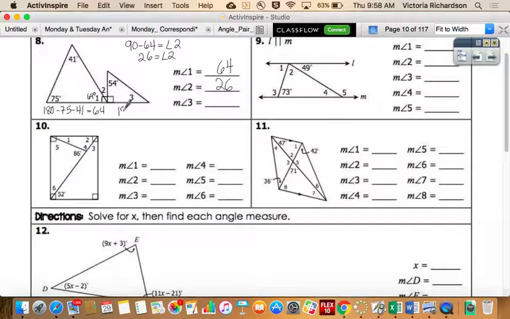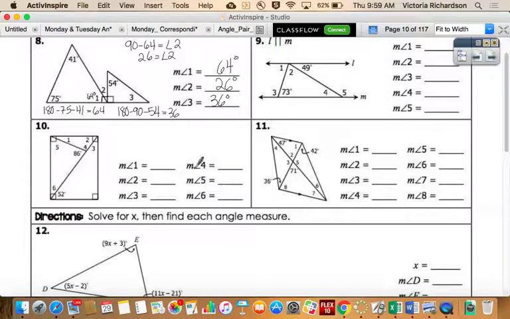I just subtract 180 minus 90 minus 54, and that gives me 36. Angle 1 is 64 degrees, angle 2 is 26 degrees, and angle 3 is 36.